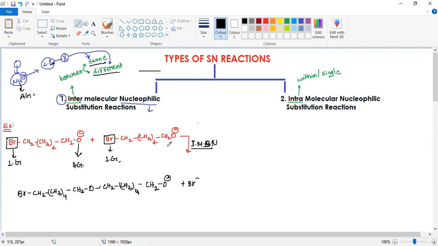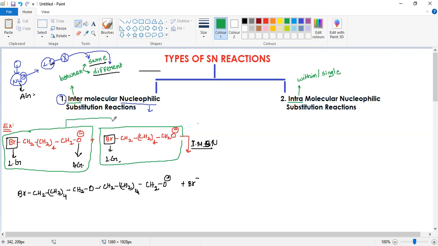One more important point I need to say: only a higher concentration of the reactants, the substrate, should be there. This is one substrate and this is another substrate. The concentration of the substrate should be high. That means a higher concentration of the reactants favors intermolecular nucleophilic substitution reaction.